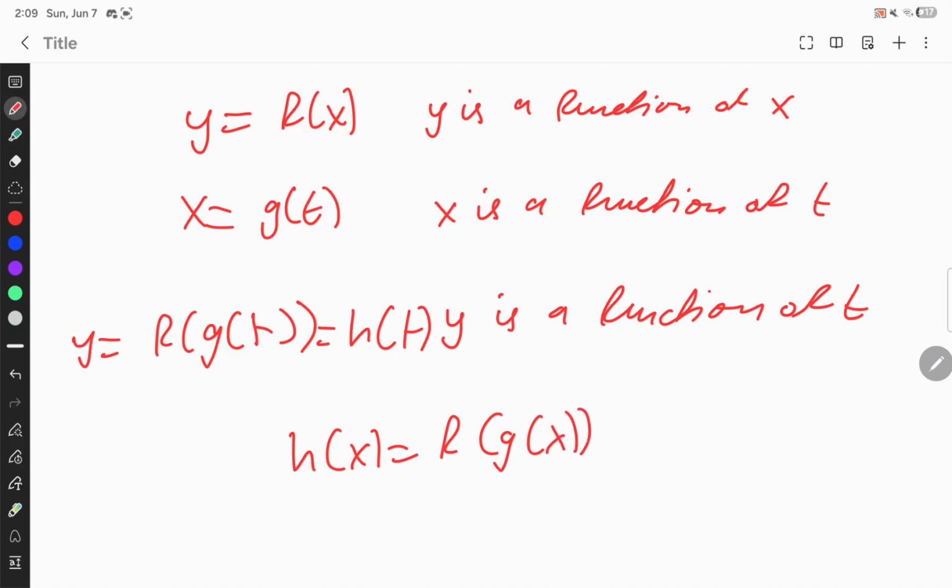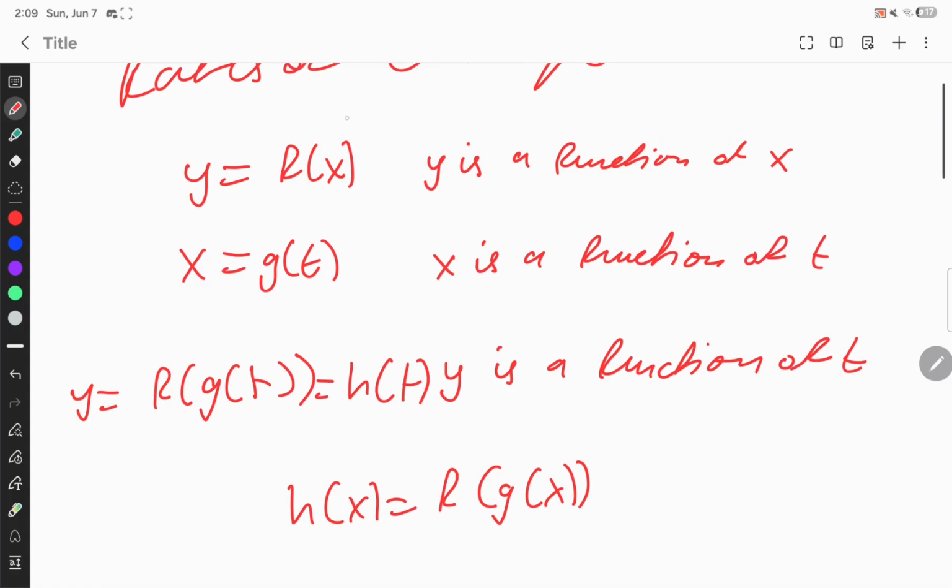So to recap, we know y is equal to f of x means y is a function of x, because y has the right to act like a function: the values of x that we input change the value of y. Similarly, as we input the values of t, x changes. So x has the right to act as x of t. x is a function of t.